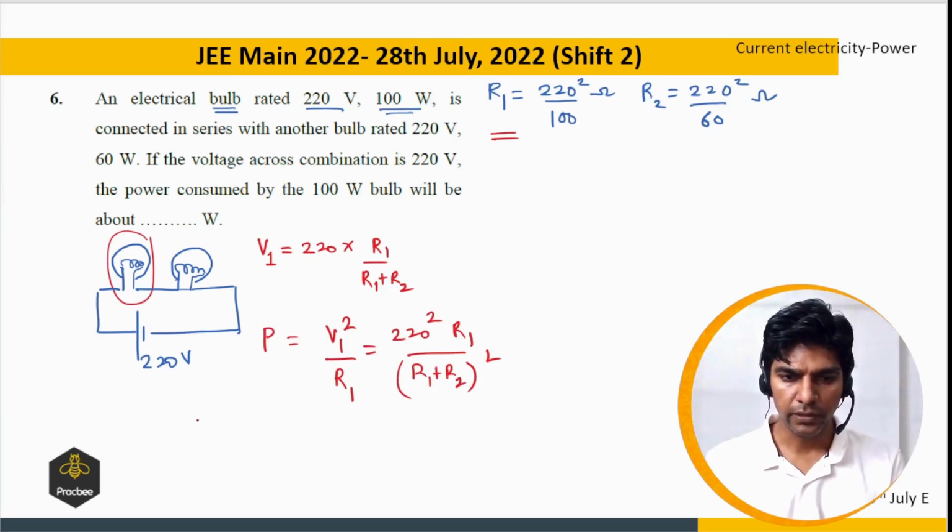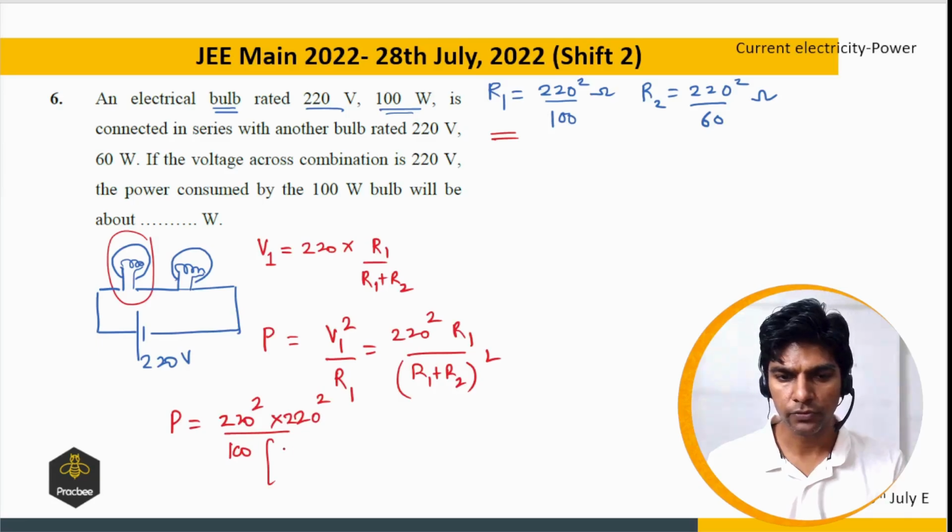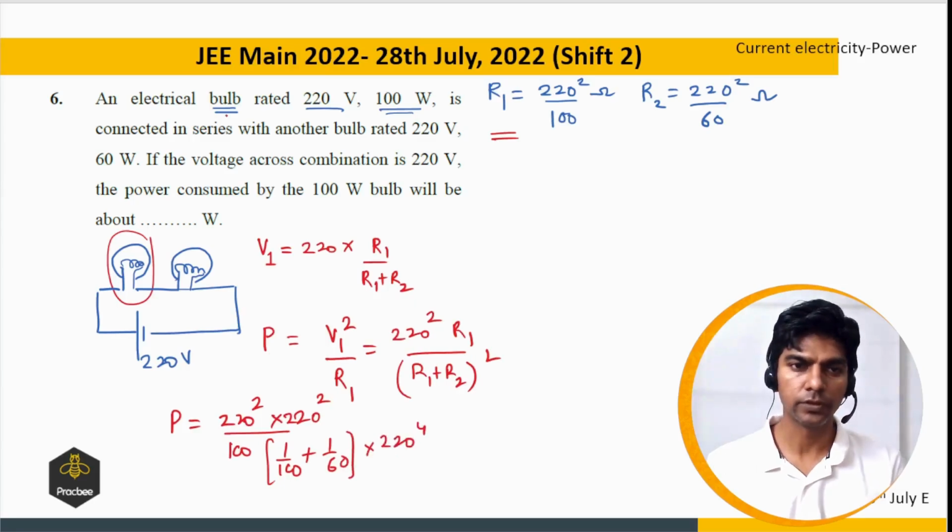So let us put the values. So power dissipation will be 220 square times R1 is 220 square by 100, and in the denominator we have R1 plus R2, so it will become 1 by 100 plus 1 by 60 times 220 raised to power 4.